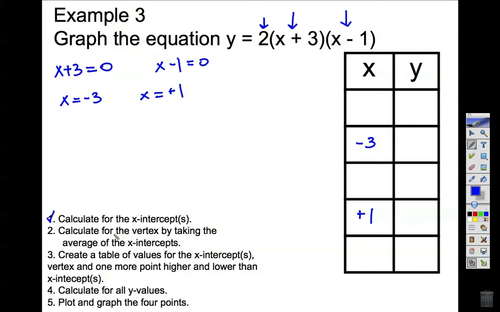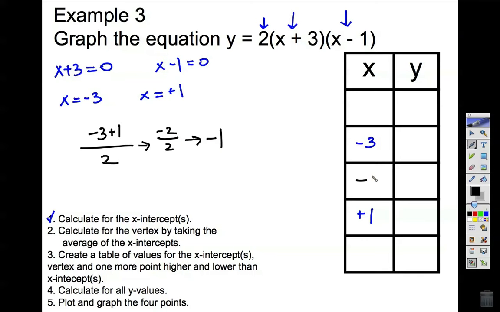Check. Calculate the vertex by taking the average of the two x-intercepts. So I'm going to add these two values and then divide by 2, since I'm only adding 2, and that is their average. So -3 plus 1, and then divide that by 2. That's -2, divide that by 2, -1.